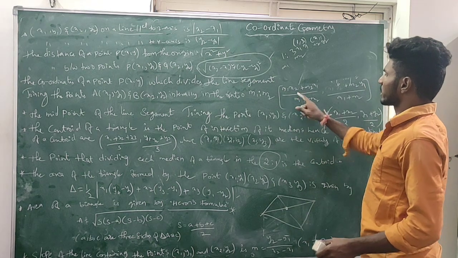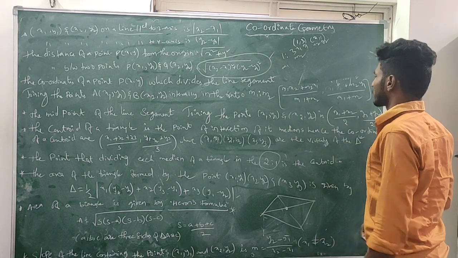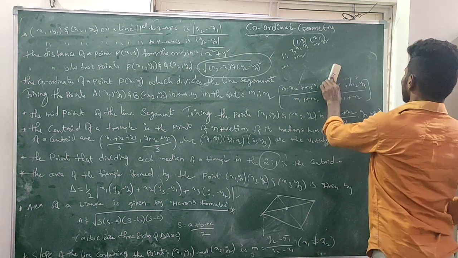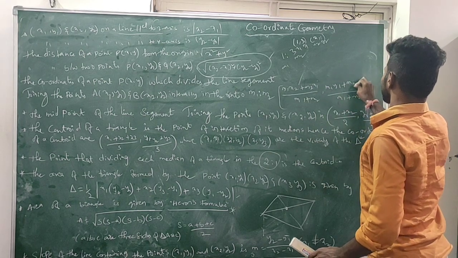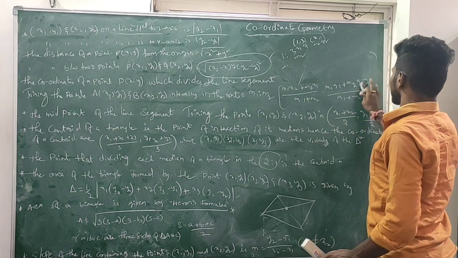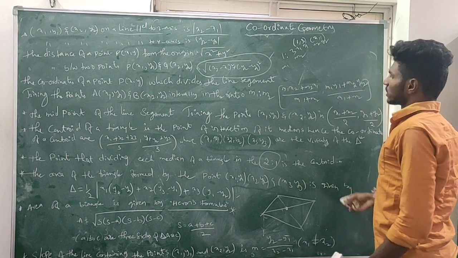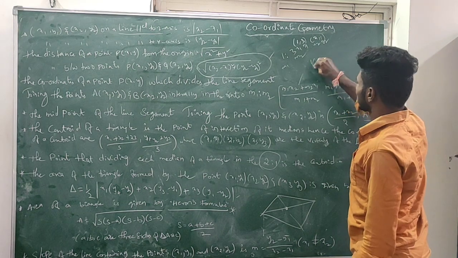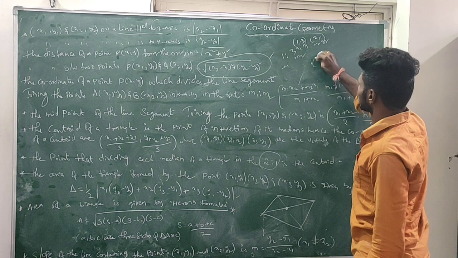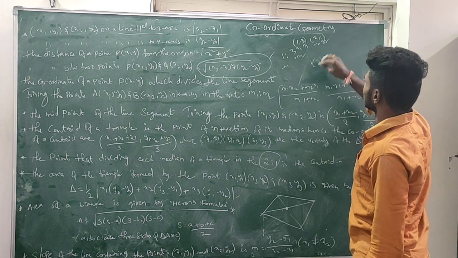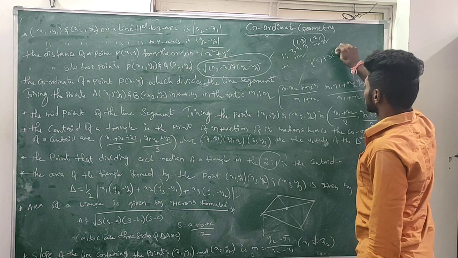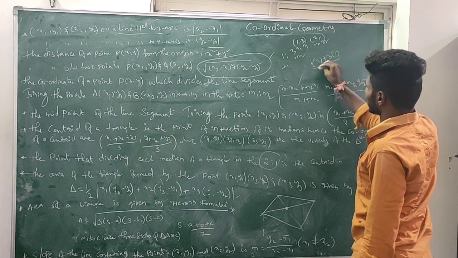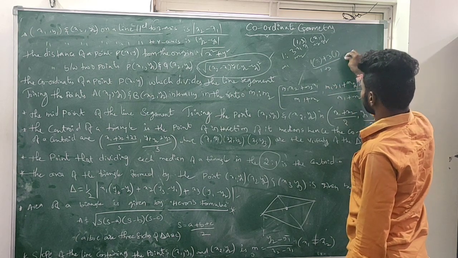The formula is (M1 x2 plus M2 x1) by (M1 plus M2), and here (M1 y2 plus M2 y1) by (M1 plus M2). You know M1 is 1, x2 is 2, M2 is 3 and x1 is 1, by 1 plus 3.